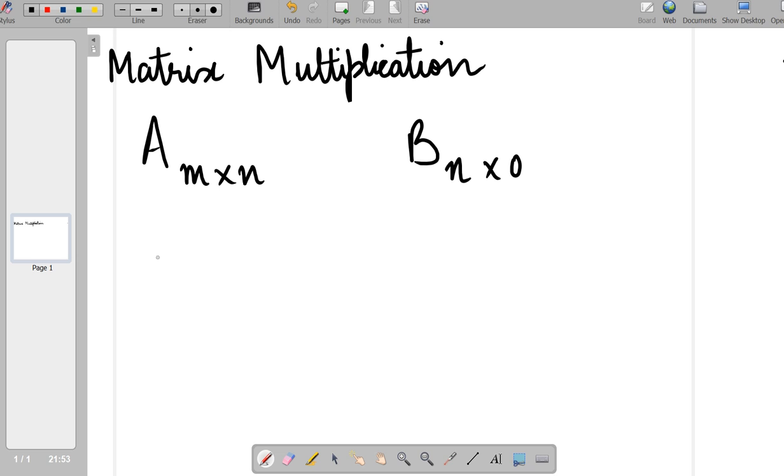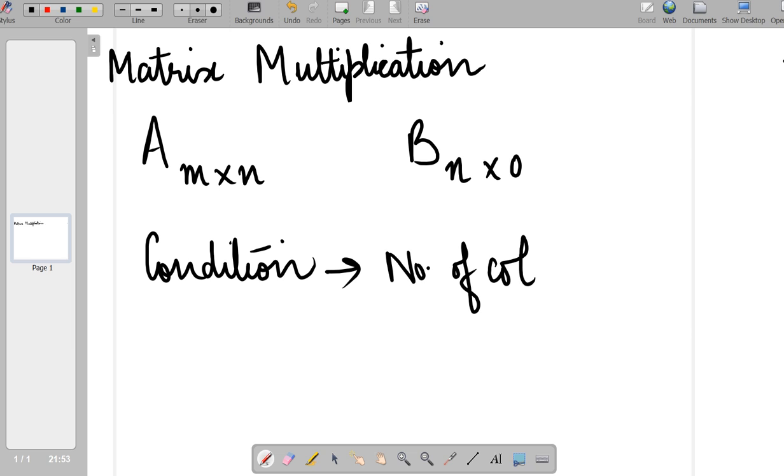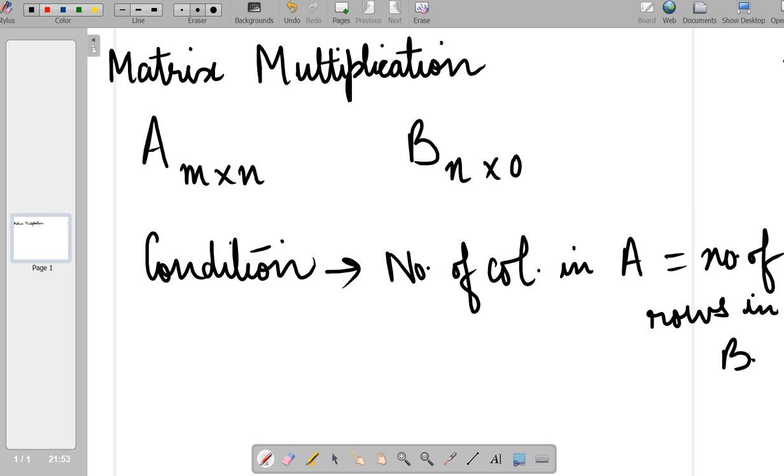The condition for the matrices to have multiplication between them is that the number of columns in matrix A should be equal to the number of rows in B. This m by n signifies the number of rows by number of columns.